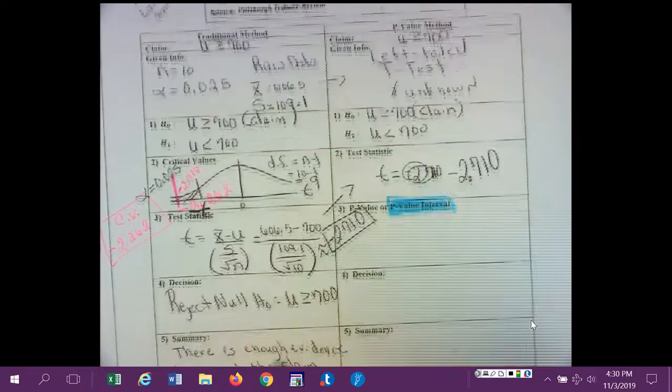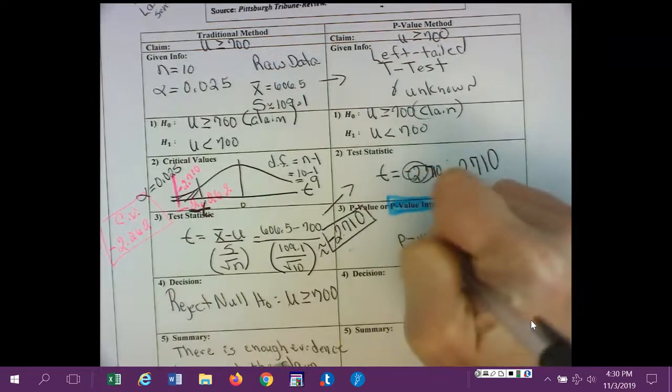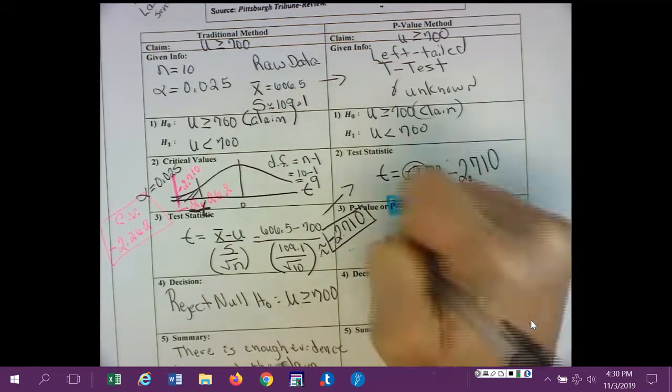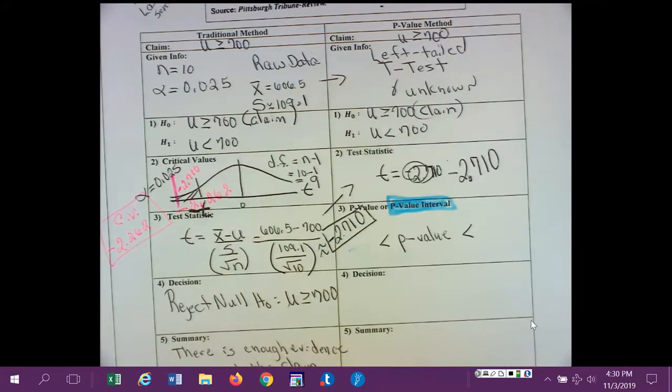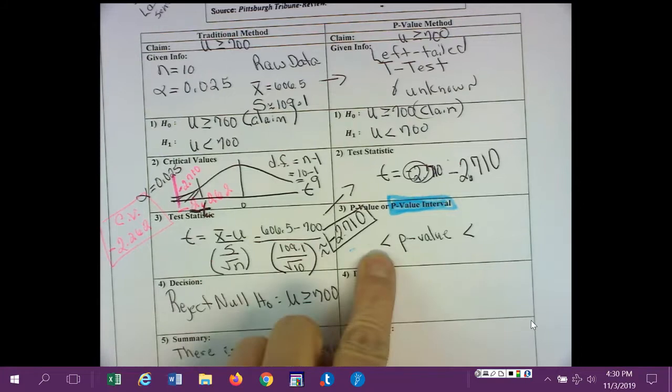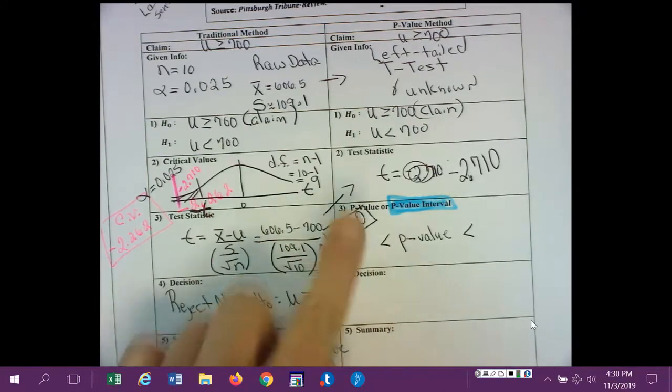So what we're going to end up with is having a p-value in the middle, less than, and we're going to have it between two numbers. What can it be, possibly? But we cannot give the specific p-value by hand and table, even though computers and calculators can, which I'll show you.